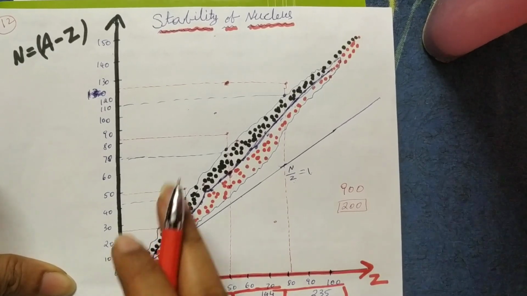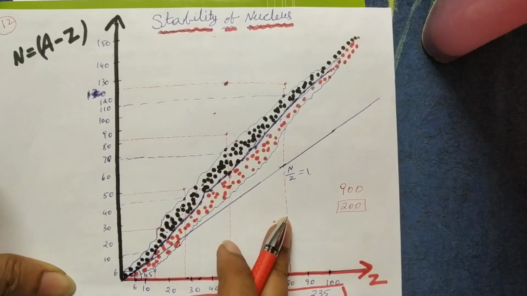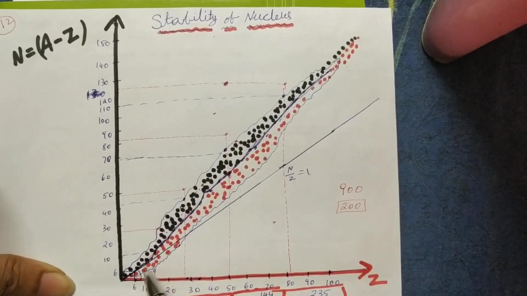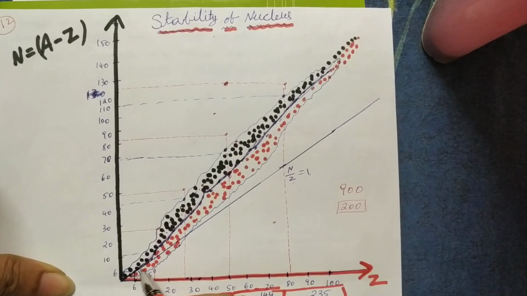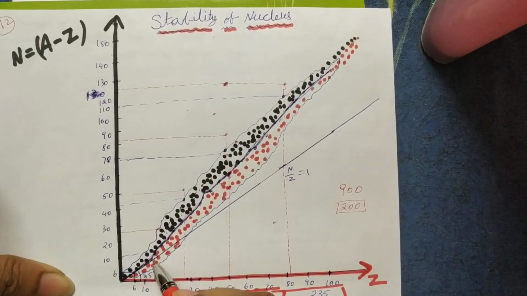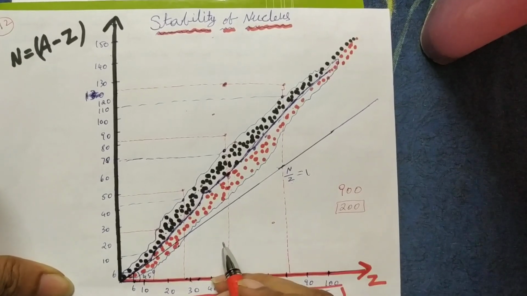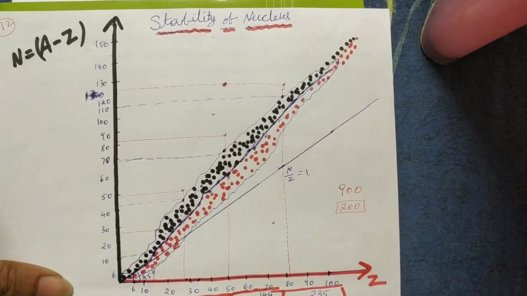By losing neutrons, elements are converted into stable elements, and by losing protons, those are also converted into stable elements. Some of the elements are on the N equal to Z line. That means some of the elements up to atomic number 20 have proton number and neutron number almost the same. So those are on this line, the N equal to Z line. That is about the stability of the nucleus.